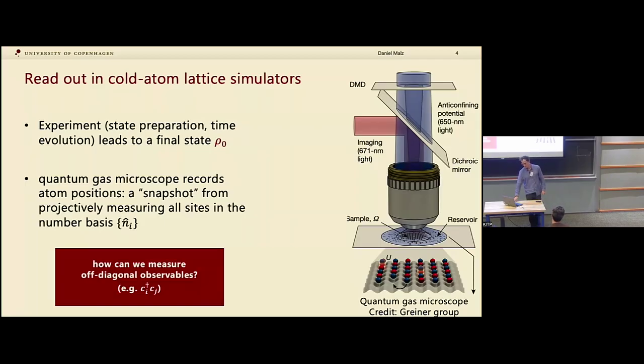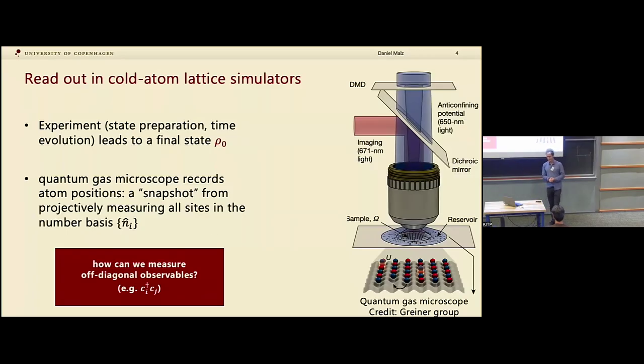But an important question is: what happens to charge off-diagonal observables? This always only measures in the number basis. It's like in a quantum computer if you only measure in the computational basis. But sometimes we want to measure charge off-diagonal observables, and a famous, important example are currents, or generally just correlations.